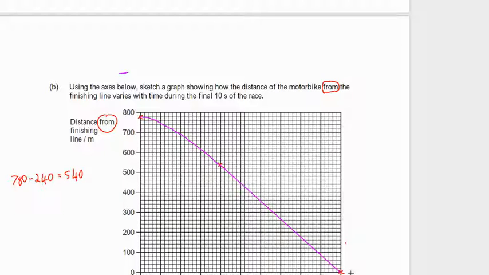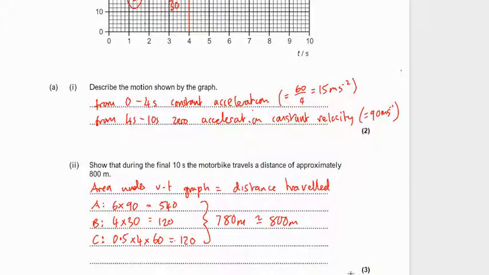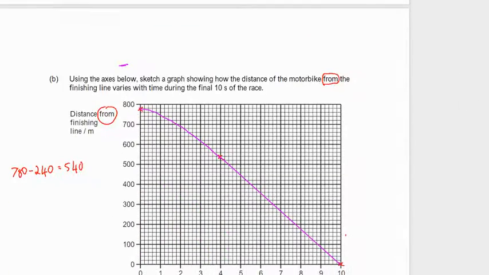We've traveled 780 meters, so we are 780 meters from the finishing line. And at 10 seconds, we are 0 meters from the finishing line because we're at the finishing line. So we start off here and we end up here.